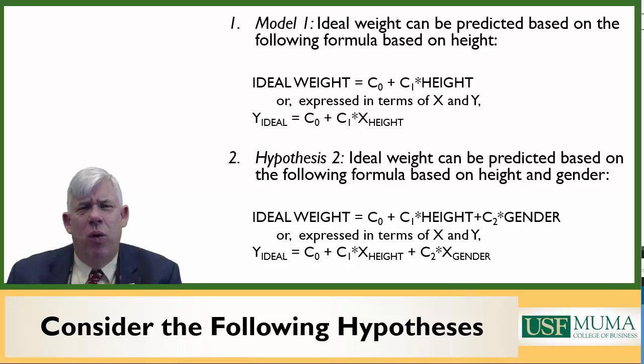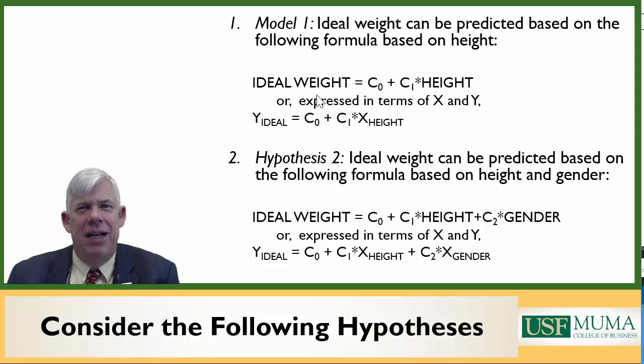So what might be a more useful way of presenting this information? Well, what we could do is create models that would allow us to predict ideal weight. We're going to look at two very simple models, and these are called linear models because we are going to predict ideal weight as the sum of a coefficient associated with height and a constant. That is the first model.